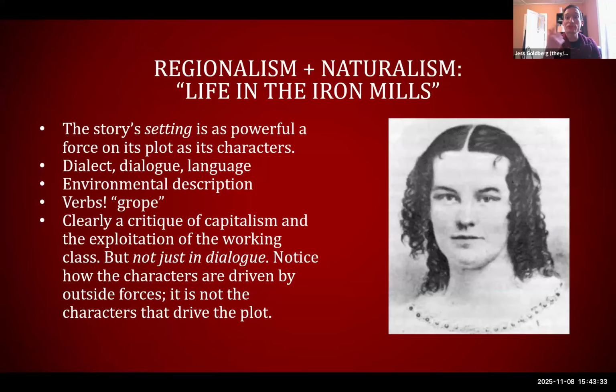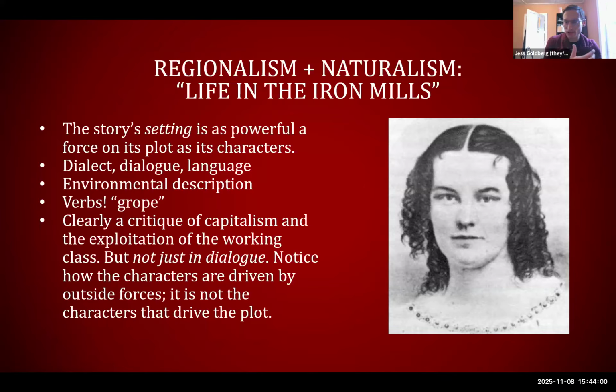So think of the way that Harding Davis represents the regional Appalachian dialect of industrial Virginia in how Deb, Hugh, and the rest of the characters speak, and how that comes across through careful dialogue writing. You also want to notice the environmental description.